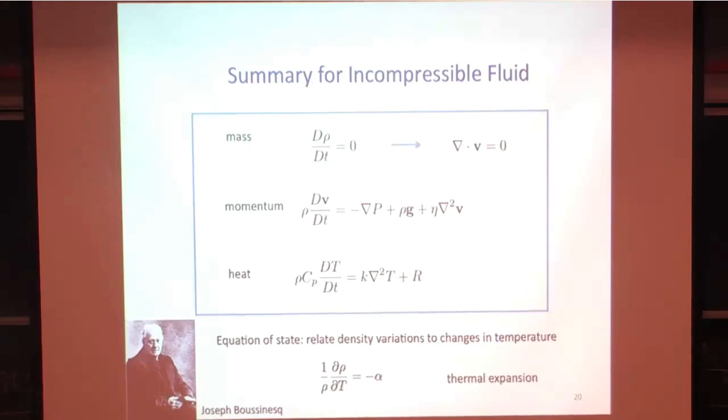Otherwise, we wouldn't have convection. We wouldn't have light things going up and heavy things coming down. But we might say those variations of density are small, and so we might still retain the approximation that those density variations are small. I think for most problems, it's not a bad approximation. It's not very good in what we call compressible fluids like gases, especially if they're going very fast where we get shock waves.